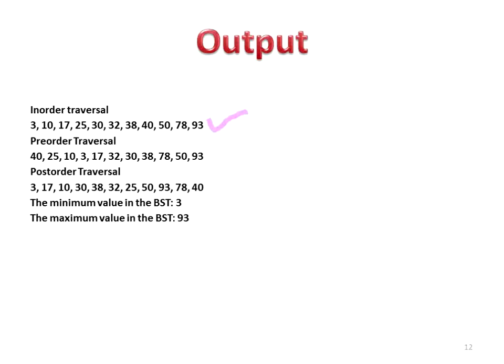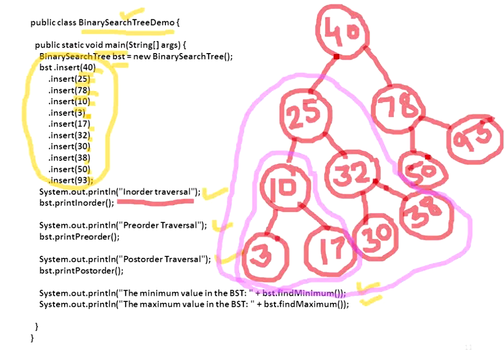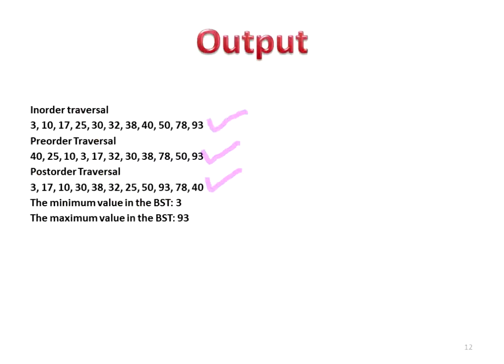In-order traversal, then pre-order traversal, then post-order traversal. And then the minimum value, here you have the minimum value and the maximum value of the binary search tree.